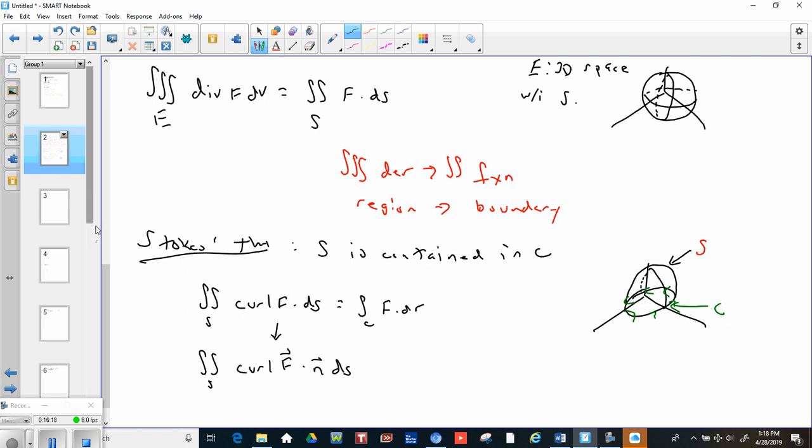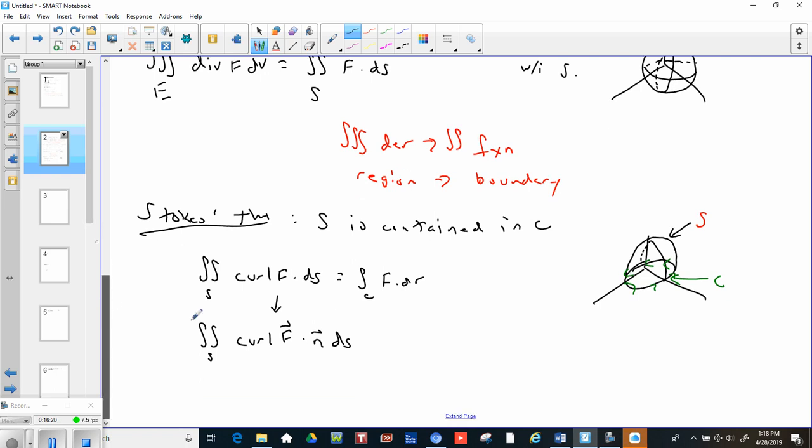You'll see that when we go through the examples, that's going to be a common form.